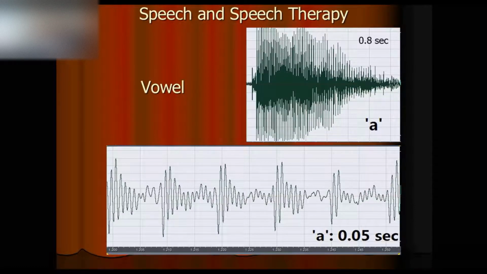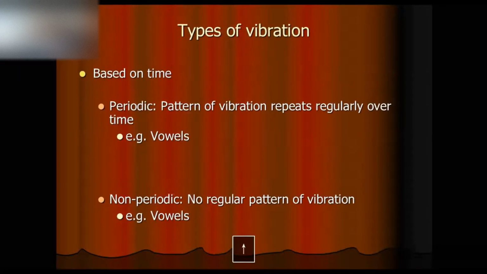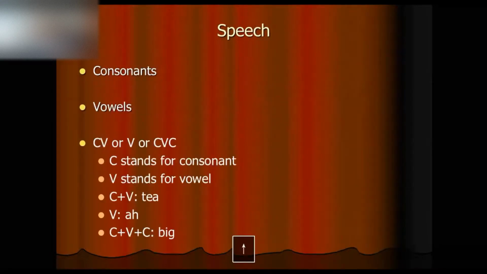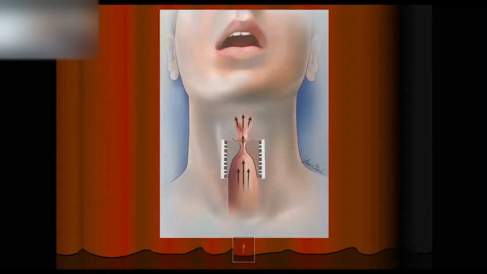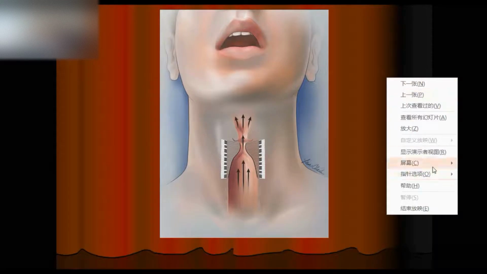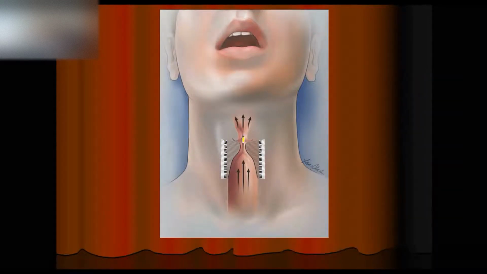Today I'm going to introduce speech and speech therapy. First, we want to go back a little bit. So, we know that our speech is generated by airflow through our vocal cord here.